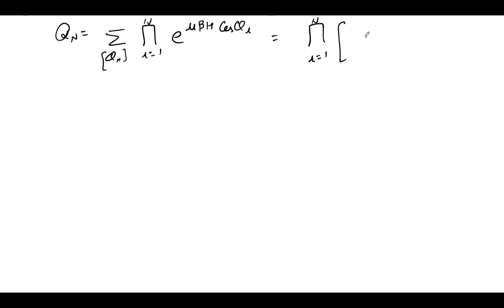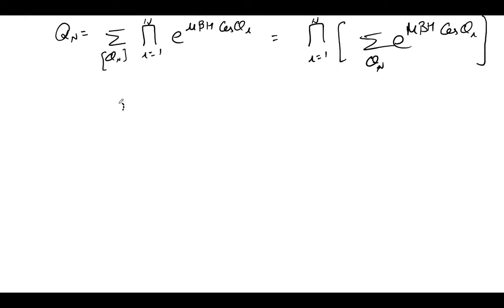So we can write this equation as summation over sets of theta, product of i from 1 to n, of exponential of mu beta h cos theta i.